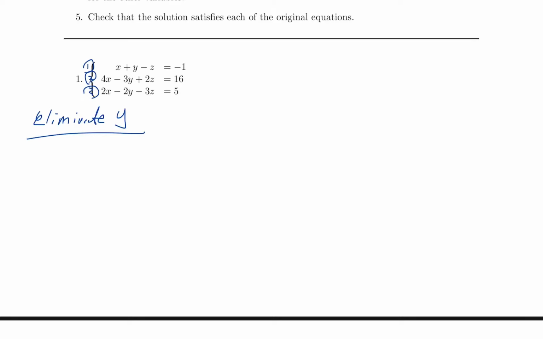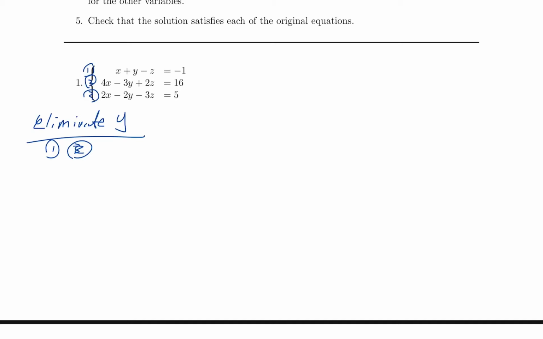So what I'm going to do is I'm going to have 2 pairs of equations. So for the first equation and, let's say, the second equation, I'm going to eliminate y. I'm going to multiply the first equation by 3. 3 times the first equation gives me 3x plus 3y minus 3z equals negative 1.